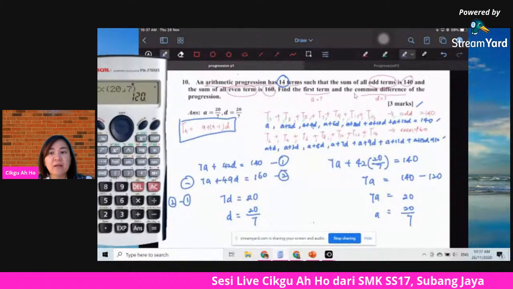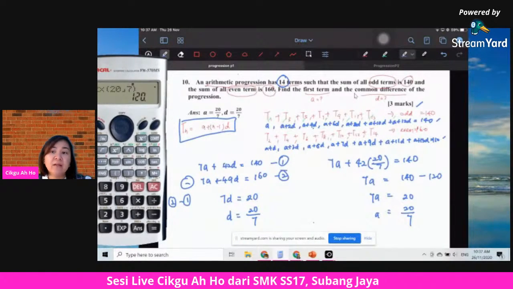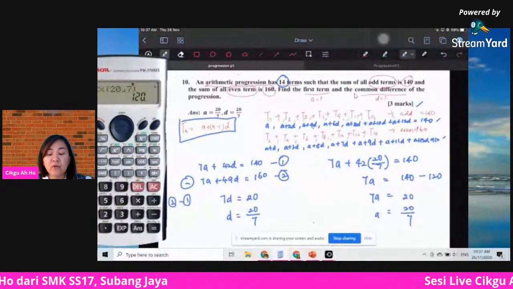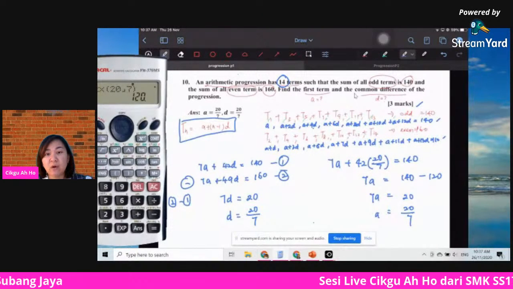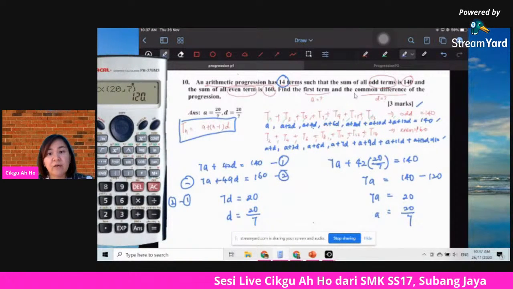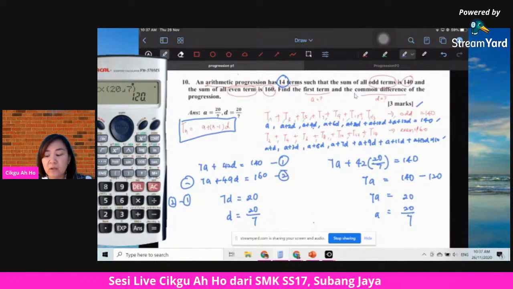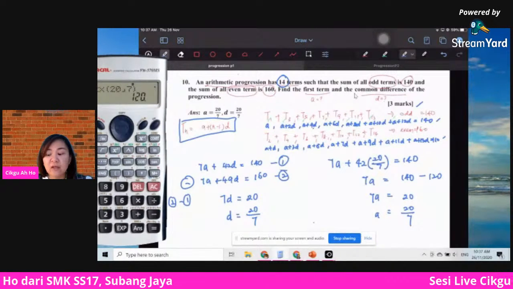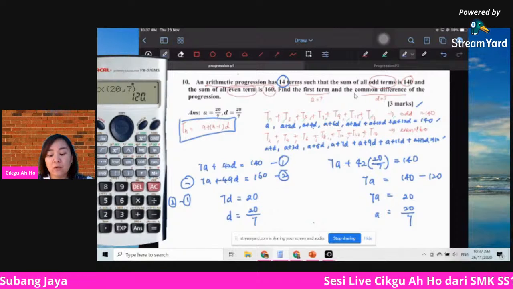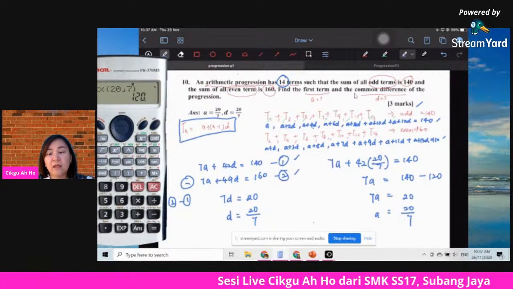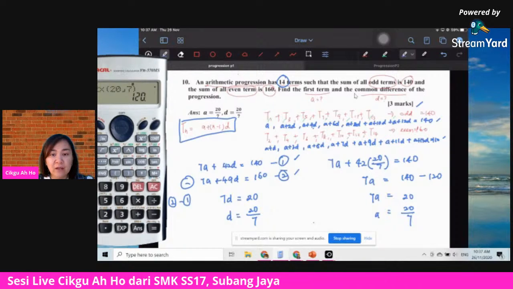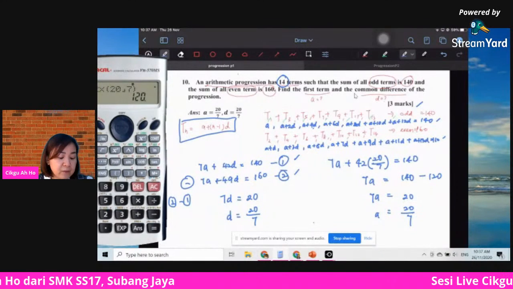Odd must be 7, then your even terms must be 7 also. Odd is 1, 3, 5, and so on. So actually you can count within the number of D and number of A. I do it in this way because I want to show you one by one. Those that are very fast, no problem if they go direct. But if you don't understand, I show you all this way so you read better.